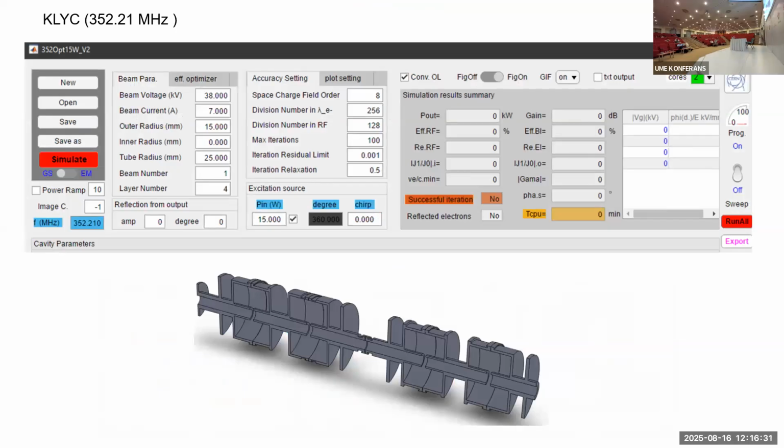And the design that we ask for: 352 megahertz, 0.21 is mostly used.